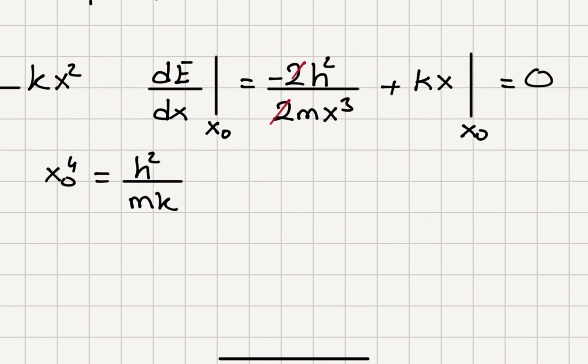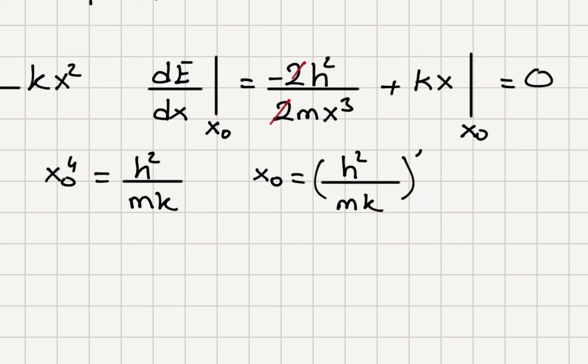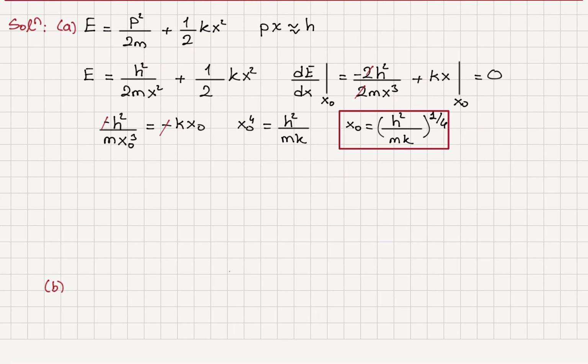So we can find x0 that gives the minimum energy to be (h²/mk) to the power 1/4. Okay, so that's the x value which gives the minimum energy.